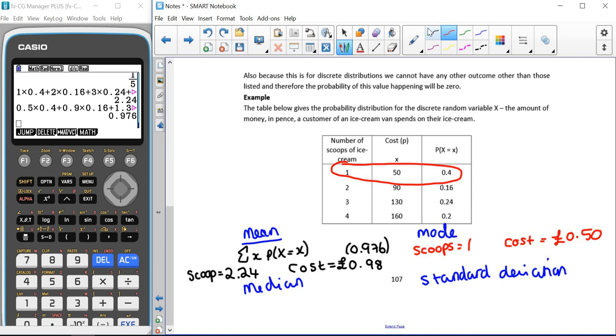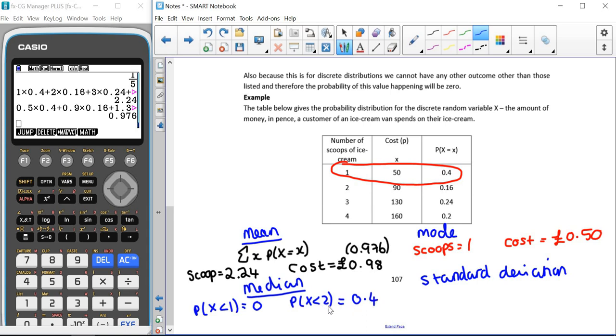Now for the median, we can have a look at different values and we can try to find out where we have what we were talking about before. So if you have a look at the probability of x being less than 1, that gives us nothing. If you have a look at the probability of x being strictly less than 2, well, for it to be strictly less than 2, that gives us just the probability of it being 1, which is 0.4.